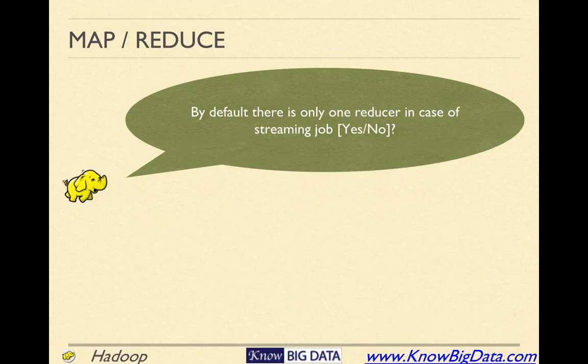Now, a quick question to all. By default, there is only one reducer in case of streaming job. Yes or no? Yes, that's right.